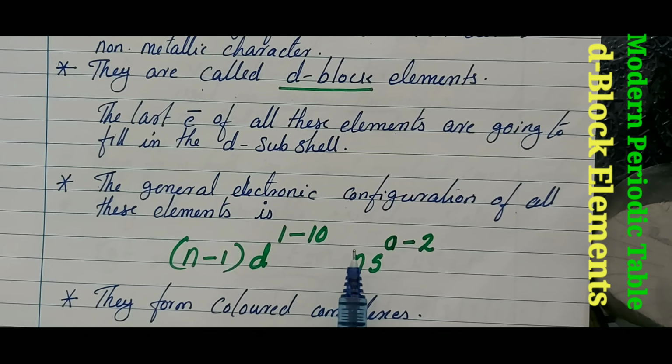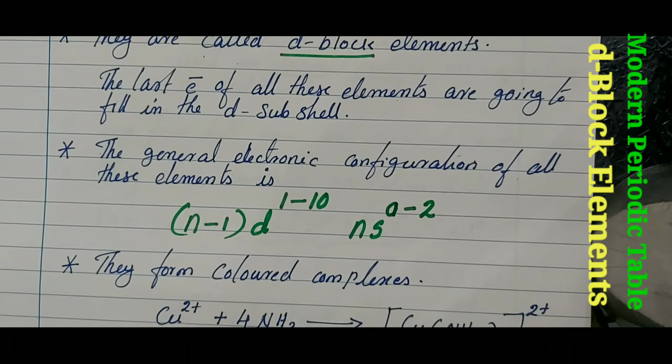You have studied this in your second chapter, so I don't want to go into detail about the electronic configuration. You can try scandium to zinc. You can just write the electronic configuration and check. That we have done in the previous classes.